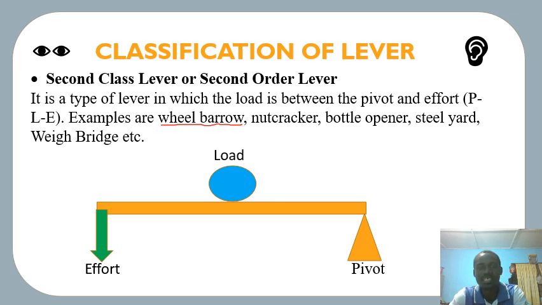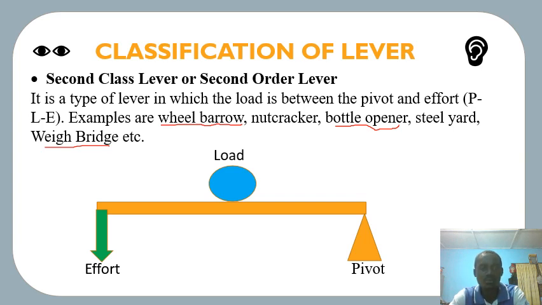Then we have the nut crackers. We have the bottle opener, as we use to open our soft drinks. Then we have the steel yard. Then we have the weigh bridge, which the road people are using to check the weight of heavy cars.